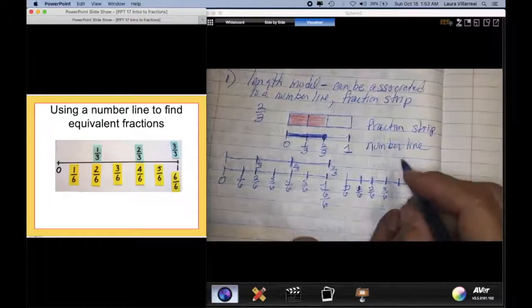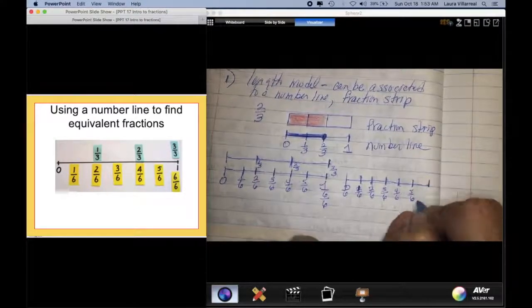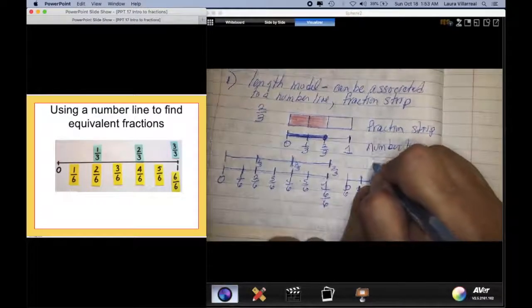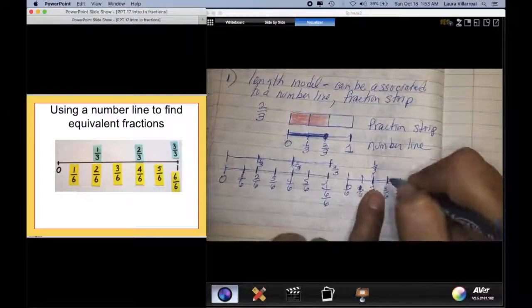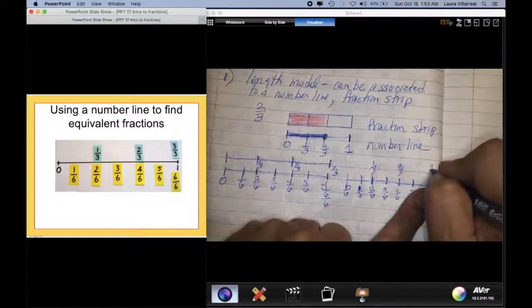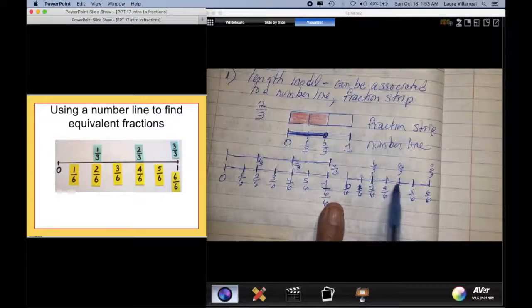Notice how we started with 0, 4, 5, 6. And then on top, every other one. 1/3, skip 1, 2/3, skip 1, 3/3. I think this one's a little bit harder to do because you have to know to skip every other one.